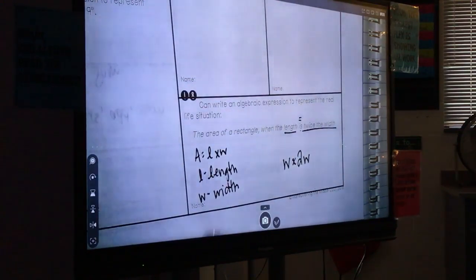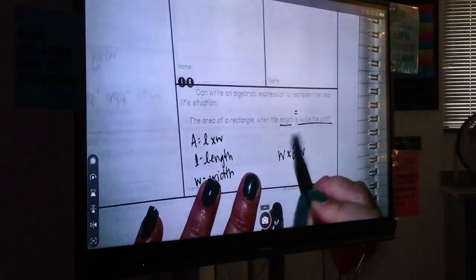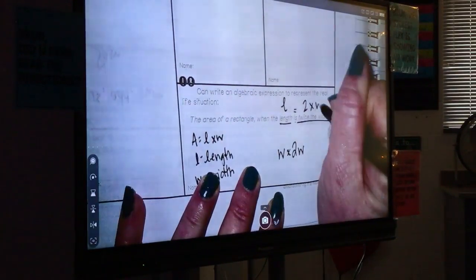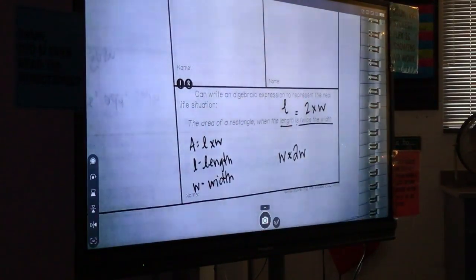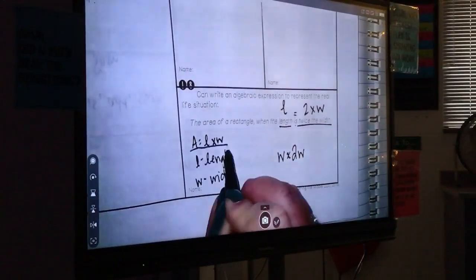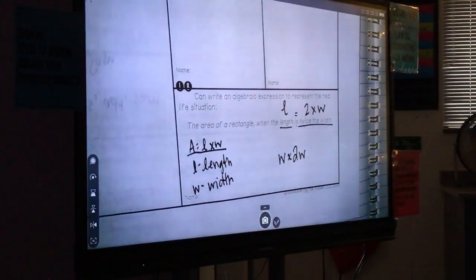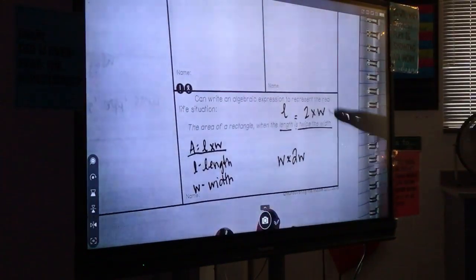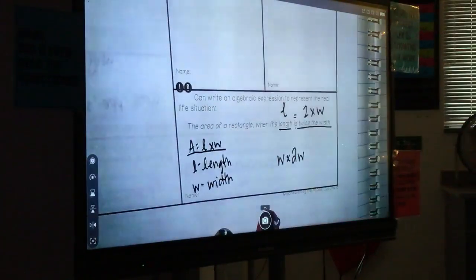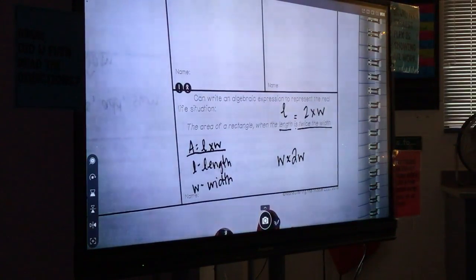Okay, so it tells us right here, L equals 2 times W, right? Yes or no? Yes. So that's what it told us right there. Y'all told me that the formula to find the area of a rectangle is length times width. So what I did was I just plugged in 2 times W for L, and then I multiplied it by the width. Does that make sense? Okay.